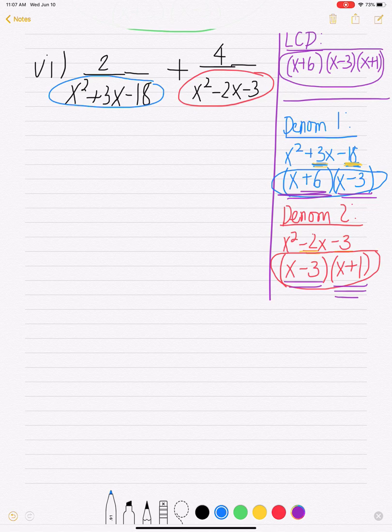I'm going to go to my blue fraction, and I'm going to factor the blue bottom there. We know that factors into x plus 6, x minus 3 from previously. Then I'm going to go to my red fraction plus 4 over, we know that this bottom factors into x minus 3, x plus 1.